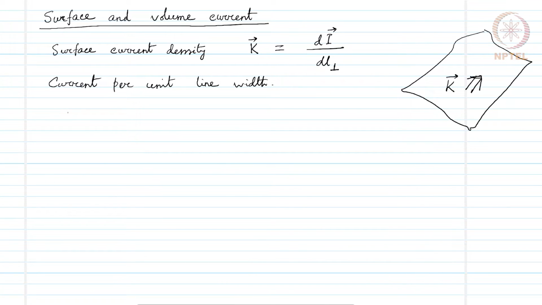So, we can get the expression for the surface current density from the surface charge density as K equals sigma times V.